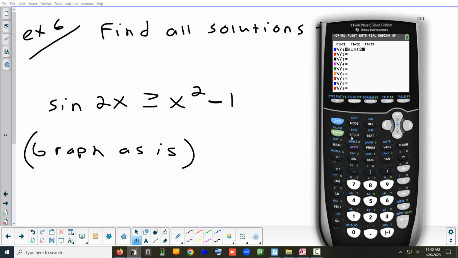Now, what's on the left is sine 2x. Is that periodic or not periodic? That's going to be a shrunken sine. So is sine periodic or no? Yes, it repeats.